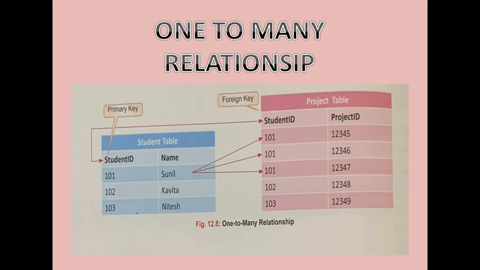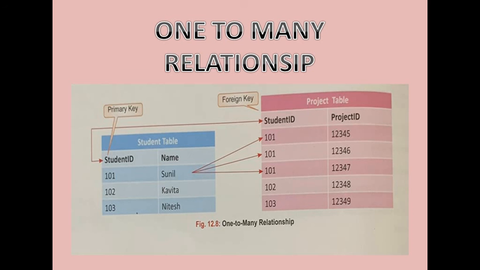In this type of relationship, a record of one table is associated with several matching records of another table, but a record from the second table is associated with only one record of the first table. Student ID is a simple logic: it is unique in nature.